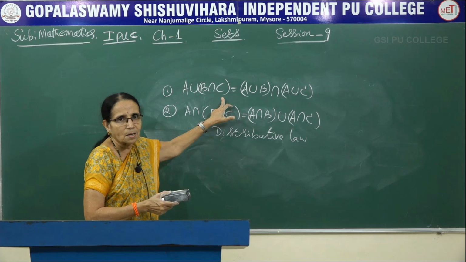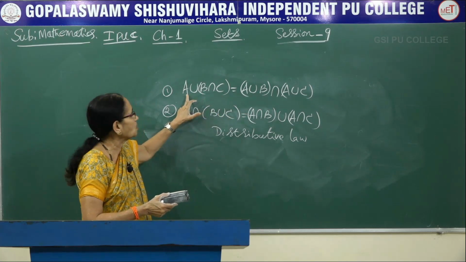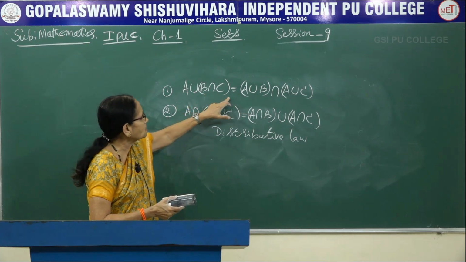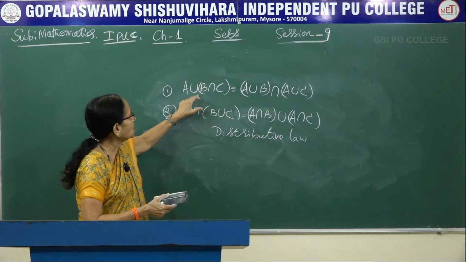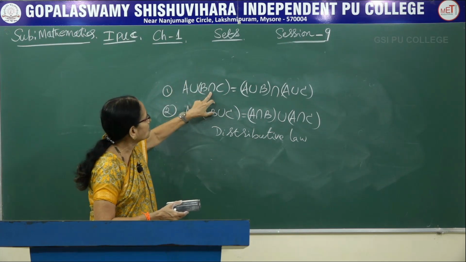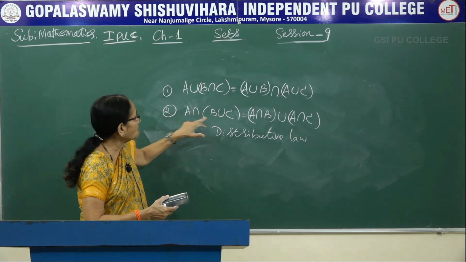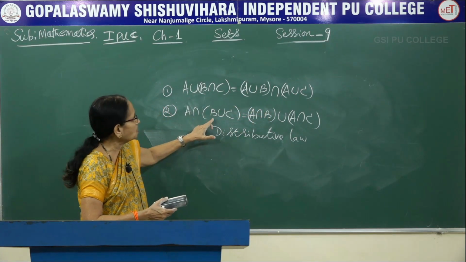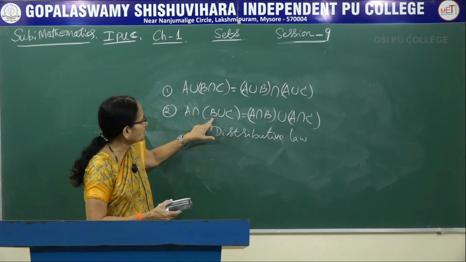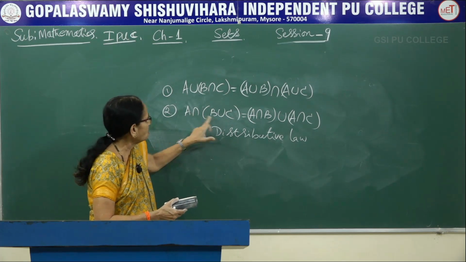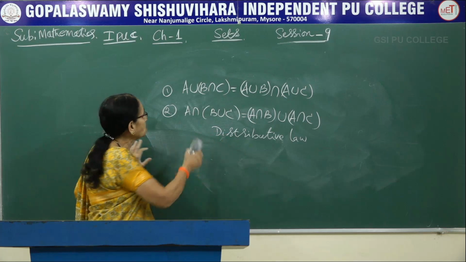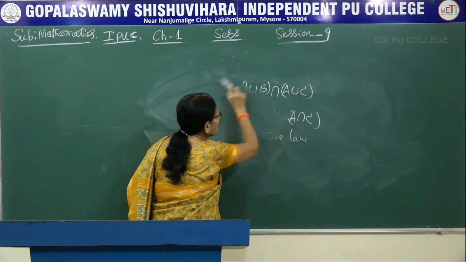First I have taken the intersection, then I have taken the union with this one. So A union (B intersection C) is (A union B) with the first one, writing the middle sign here, intersection (A union C). Here they are reversed. A intersection (B union C) is first A intersection B, union A intersection C. So these two are known as the distributive law.